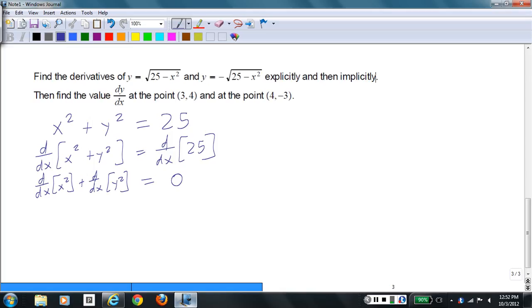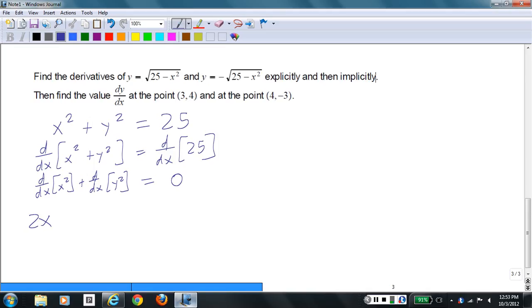I think it's good to separate those because one is an explicit expression in terms of x and the other has a y in it. We have to think, well, what's going on with that y? d/dx of x squared is exactly what we would think it is. It's 2x. d/dx of y squared, well, it starts with a 2y, but what happens here, because the variable in the expression and the variable with respect to which we're differentiating are different, y is a function of x, we really have to think chain rule here.